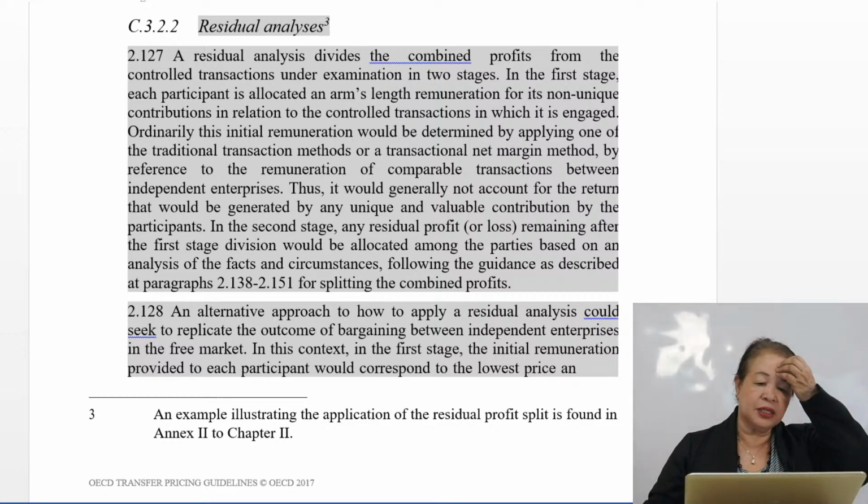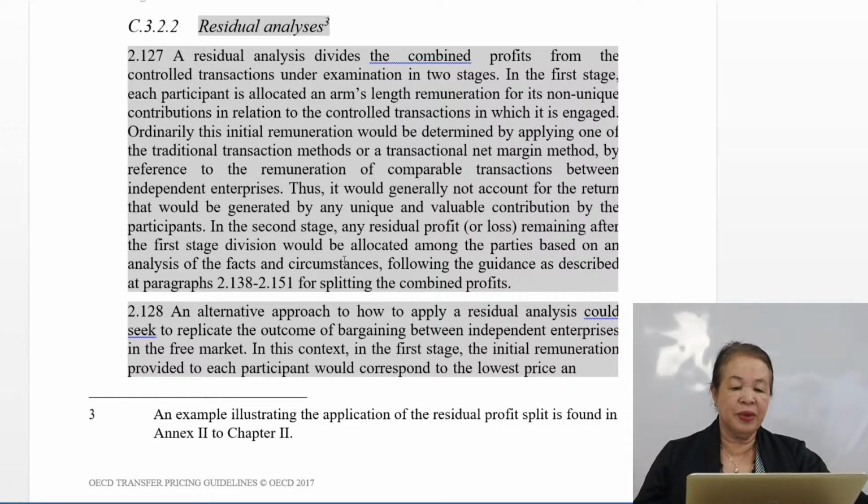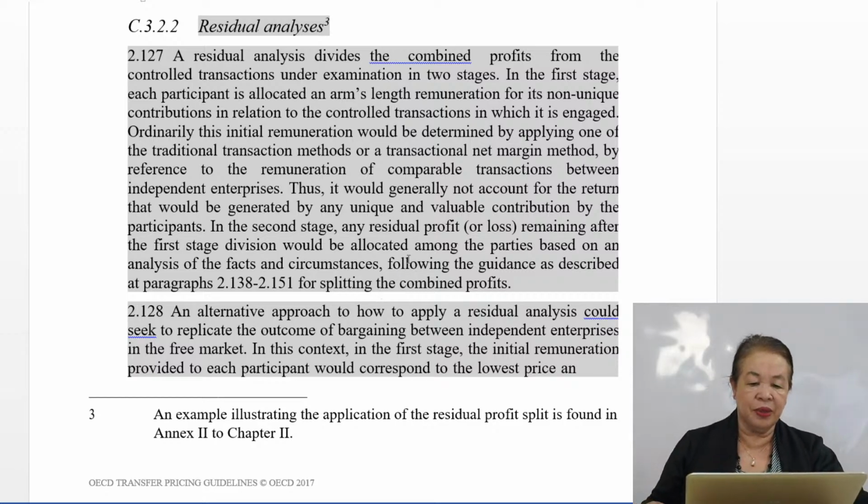In the first stage, each participant is allocated an arm's length remuneration for its non-unique contribution in relation to the controlled transaction in which it is engaged, no? Meron siyang unique na non-unique na contributions. So, bibigyan na siya ngayon nung share para doon, no?